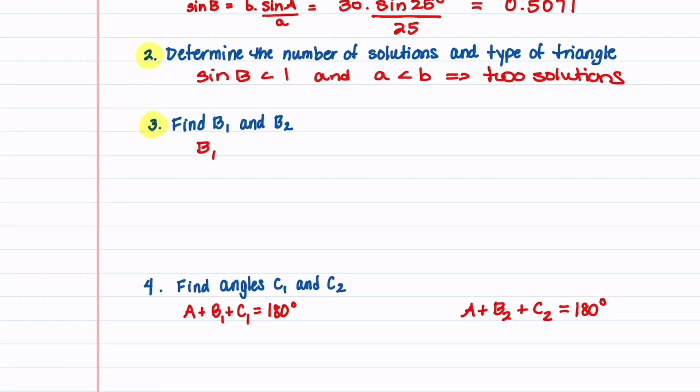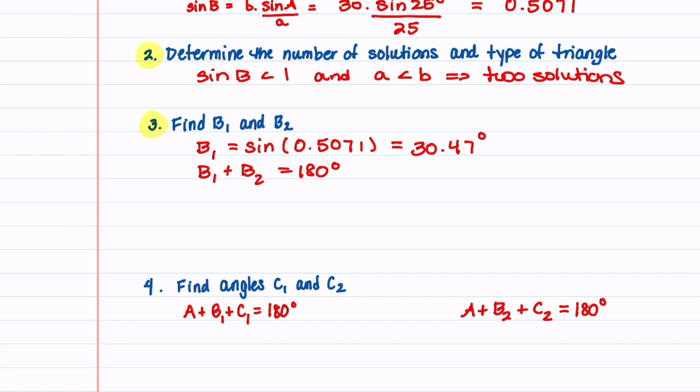B1 is the inverse sine of 0.5071, which is equal to 30.47 degrees. We know that B1 plus B2 is going to be 180 degrees, so that tells us that B2 is going to be 180 degrees minus B1.